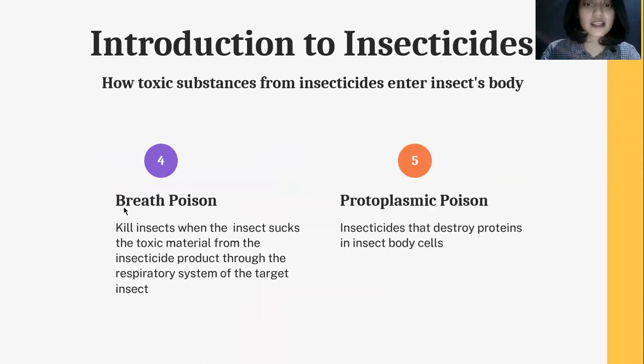And the next is respiratory poison, which kills insects when the insect inhales the toxic material from the insecticide product through the respiratory system of the target insects. And the last is protoplasmic poison, an insecticide that destroys proteins in insect body cells.